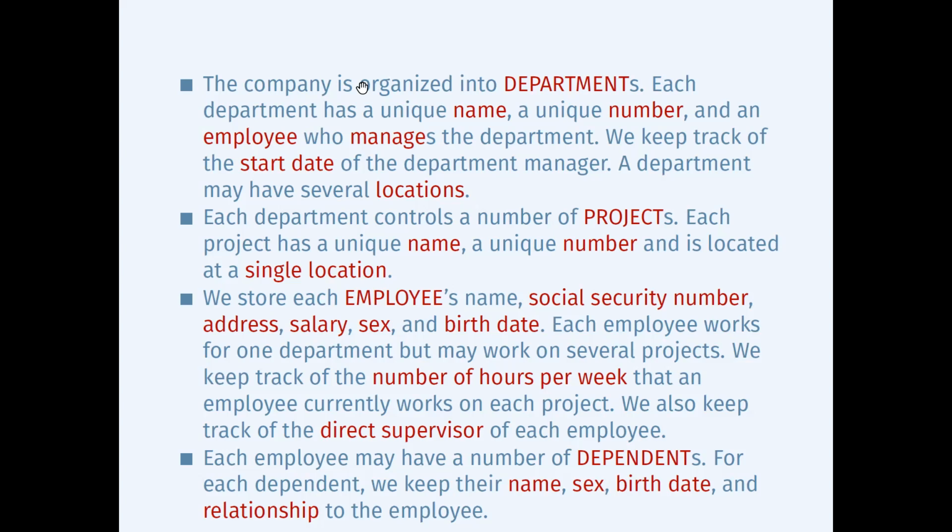Okay, there's a relationship between project and employee. Where does it say? Now, for example, if you read the third paragraph, it says, we keep track of the number of hours per week that an employee currently works on each project. So you can see there's a relationship between employee and project.